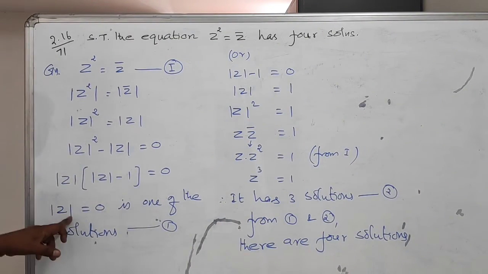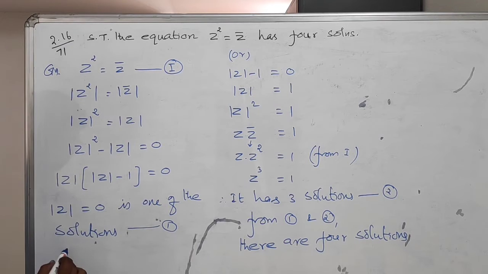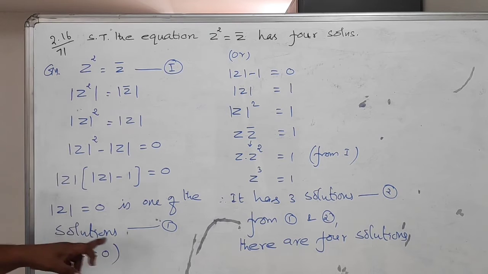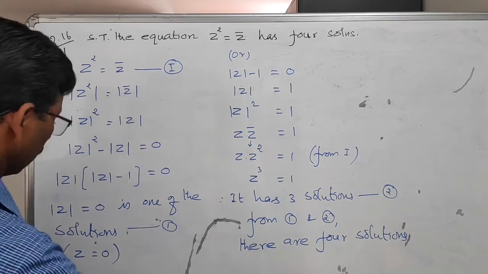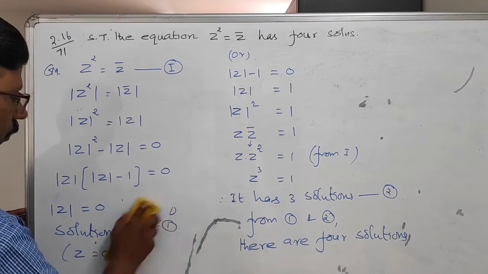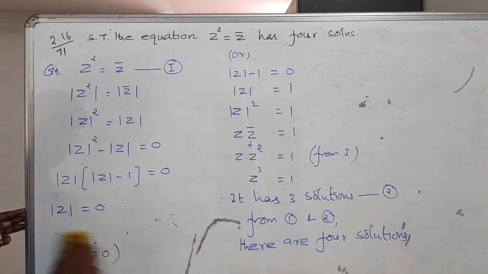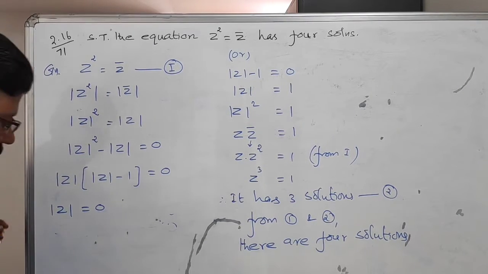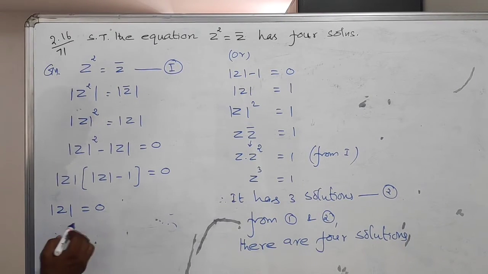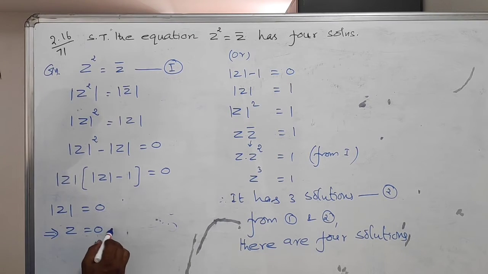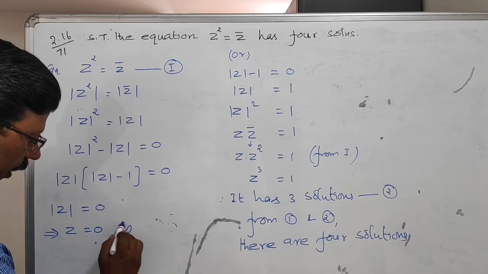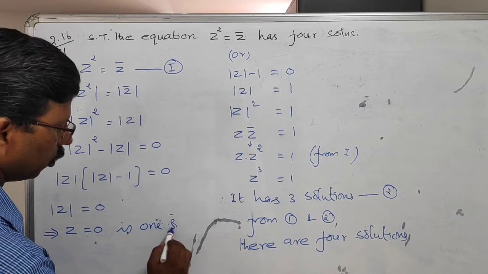We can say modulus z equal to 0 means z is equal to 0. Modulus z equal to 0 means definitely z equal to 0 is one of the solutions.